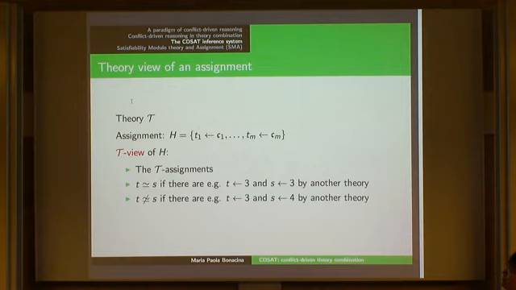So given an assignment H, the view of this assignment for a certain theory T contains the assignments in T, those made by the theory T itself, and it also contains equalities t = s, where t and s are terms, if there are assignments that give t and s the same value, for example 3, made by another theory. And also t different from s if there are t gets 3 and s gets 4 by another theory.